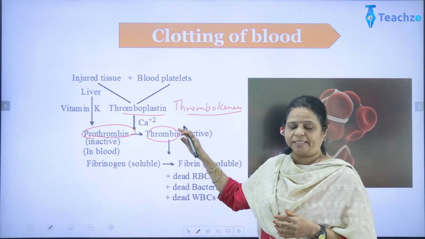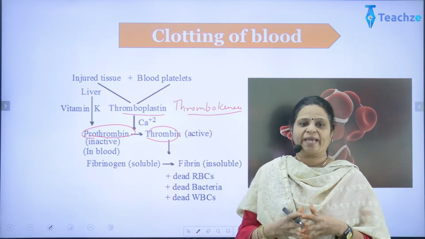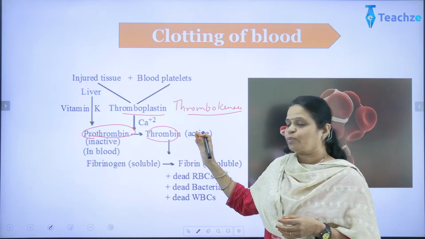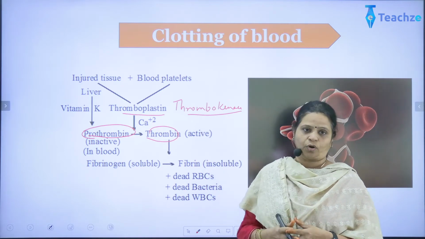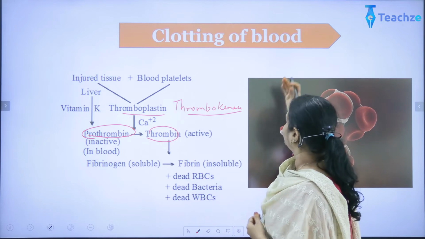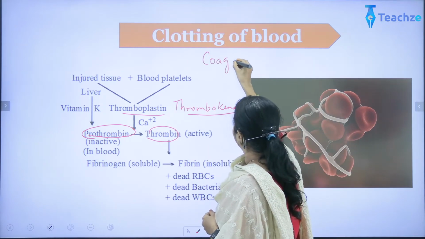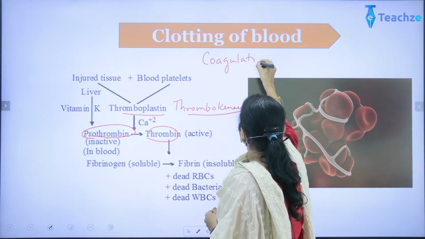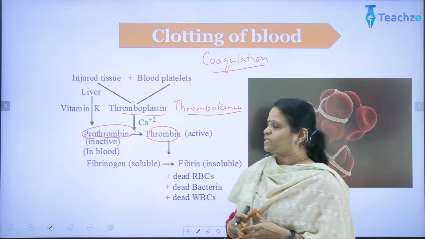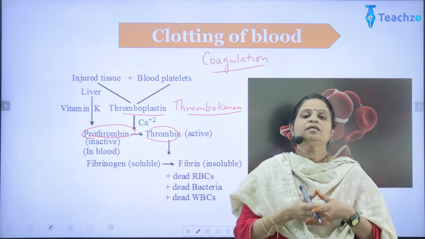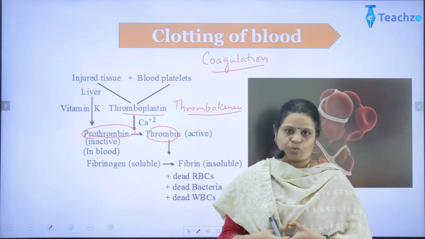Until thrombin is formed, there is no way the clot can happen. This is the first part of blood clotting, and clotting can otherwise be called coagulation. So we can also call it the first phase of blood coagulation.